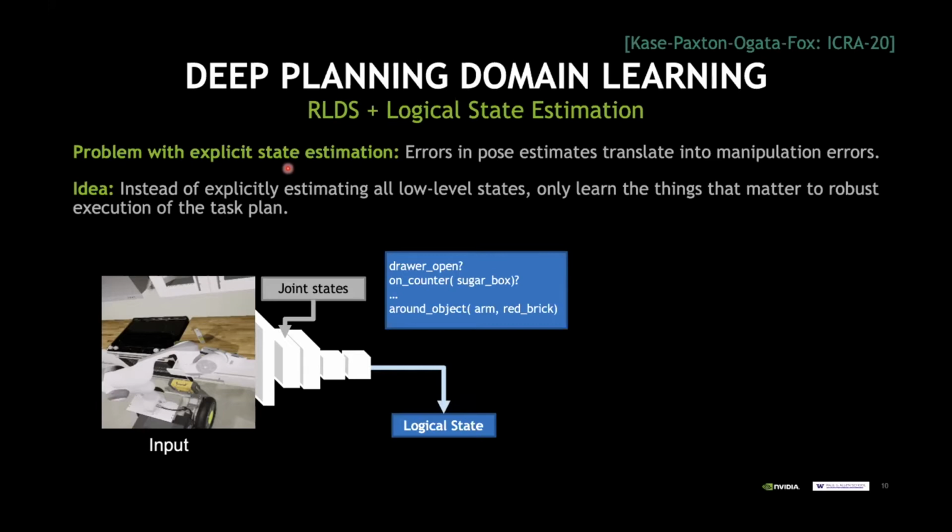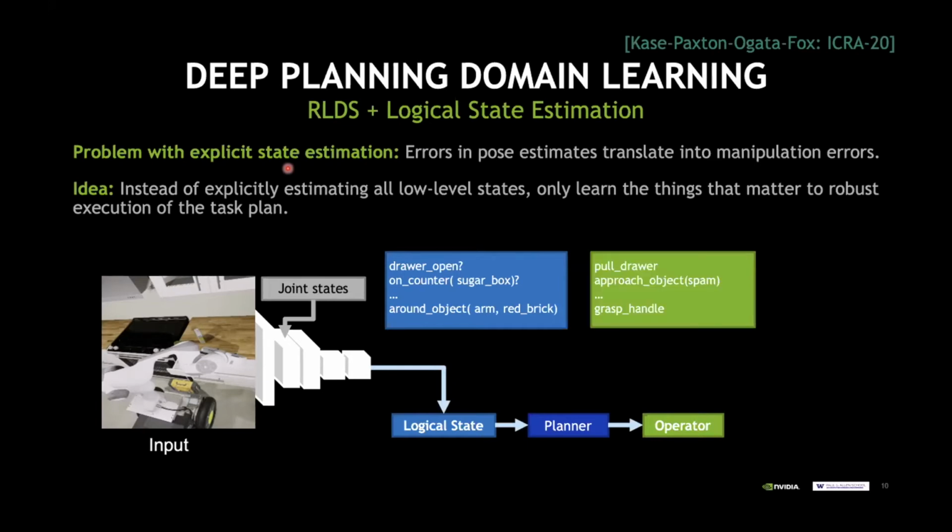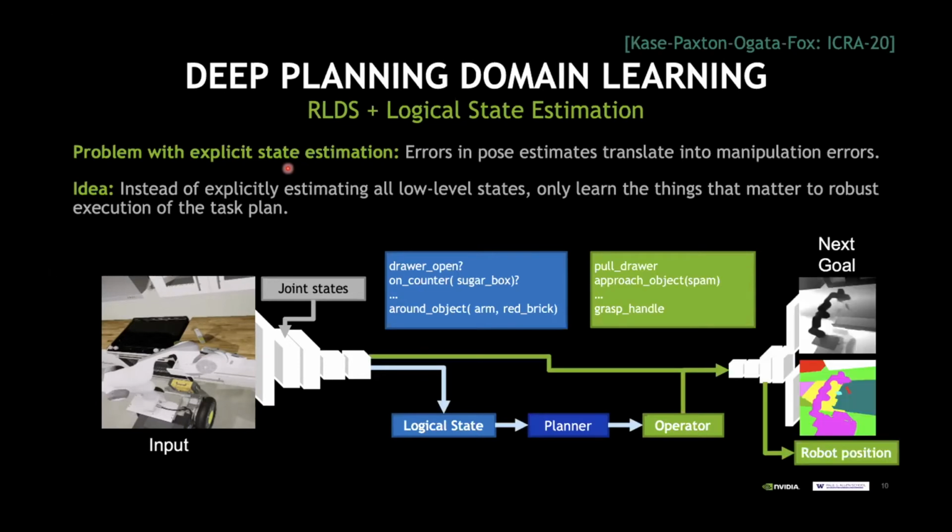And then when the system detects a logical state, that goes into the traditional task and motion planner system, that can then decide what should be the next operator or action that the robot should execute. These operators could be things like pull the drawer or approach a certain object. Once this operator is determined, another network is trained, based on the visual input, to generate an intermediate position for the gripper that it should reach in order to execute that.